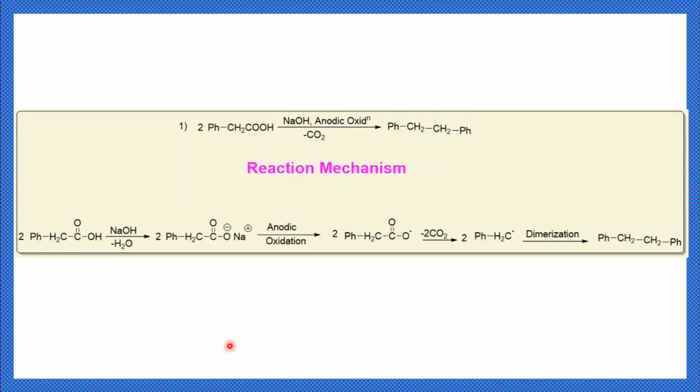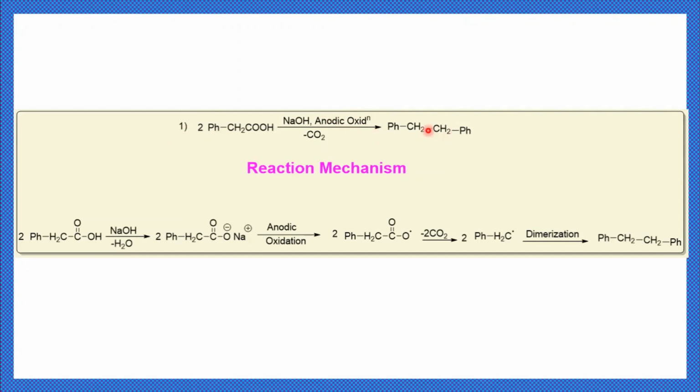Now take the real example. So this is phenyl acetic acid, two molecules of this phenyl acetic acid in the presence of NaOH and anodic oxidation.